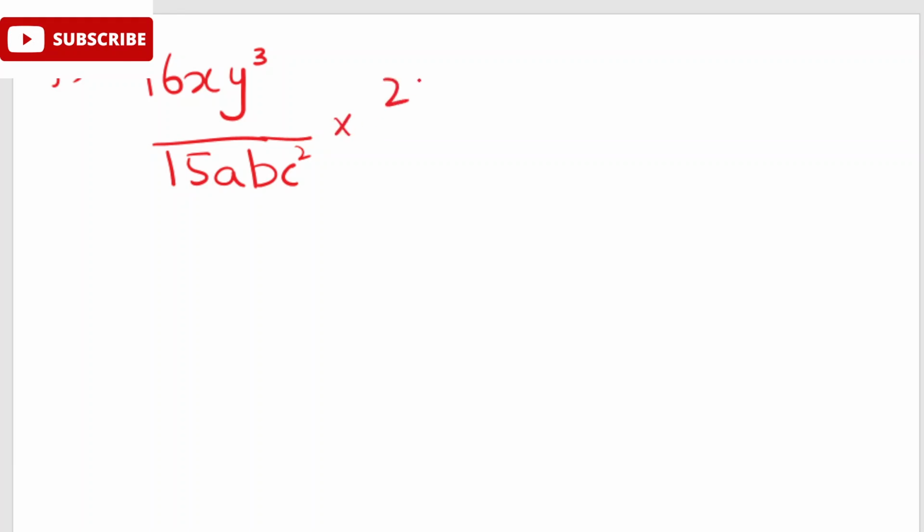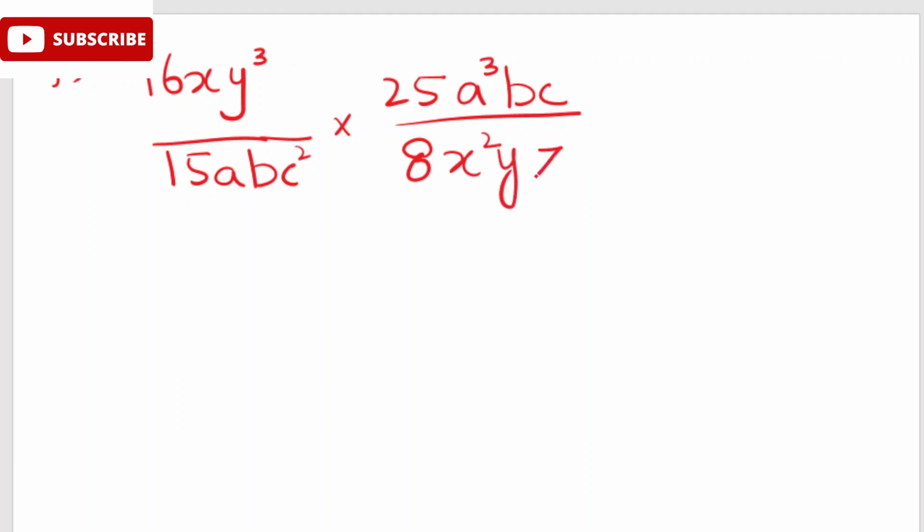And the F part is 16 x y cube by 15 a b c square, times 25 a cube b c divided by 8 x square y z.